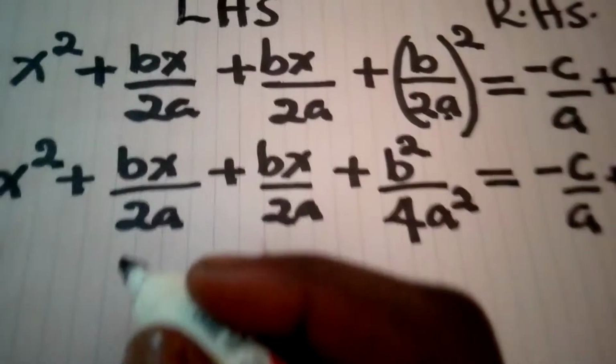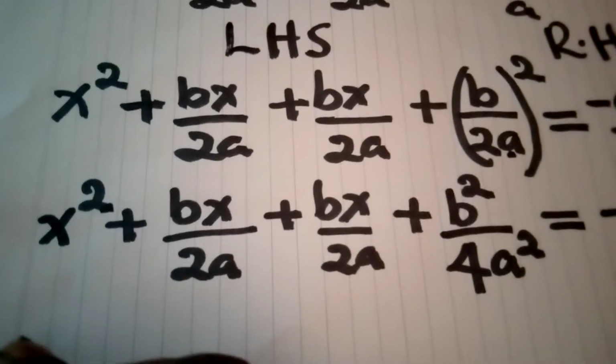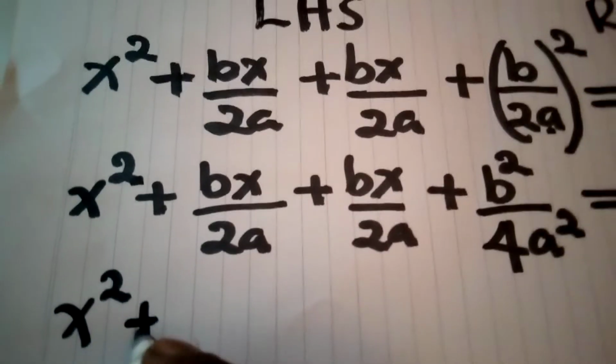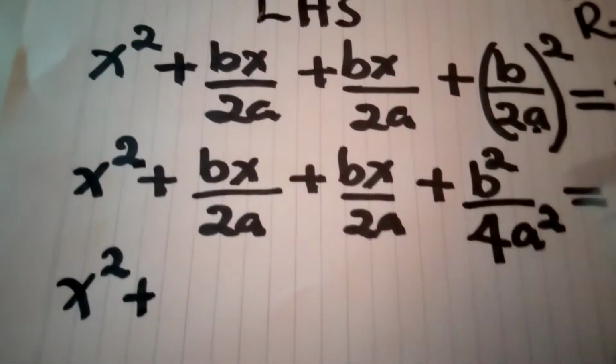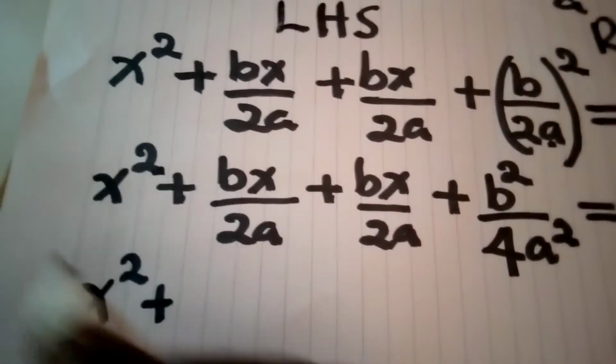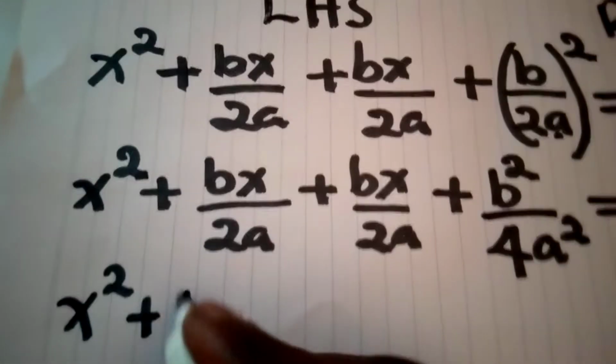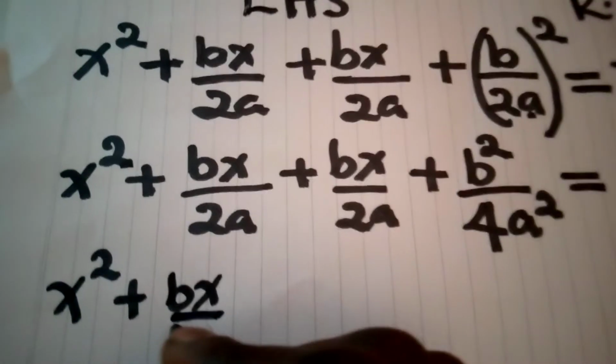So when we are simplifying further, we shall have x squared, then plus, we have to group them into two, so we group this one differently. So we shall have x squared plus bx all over 2a.